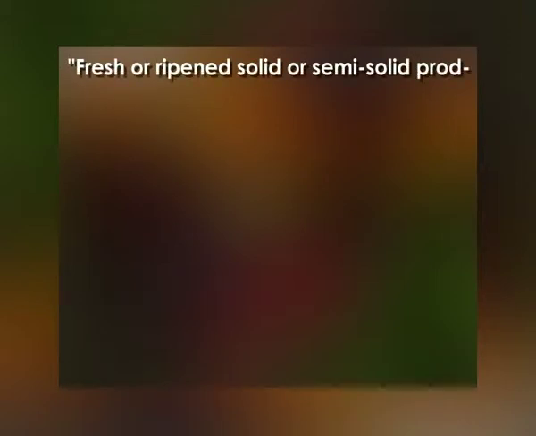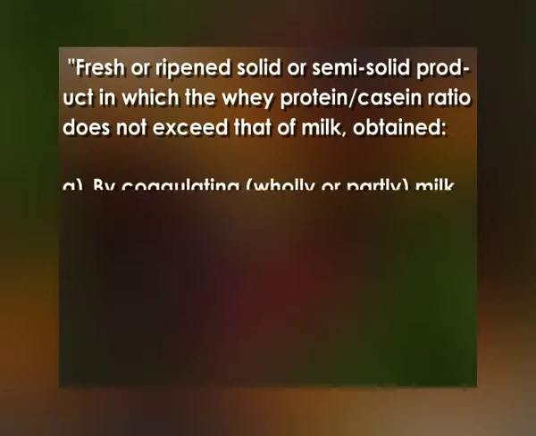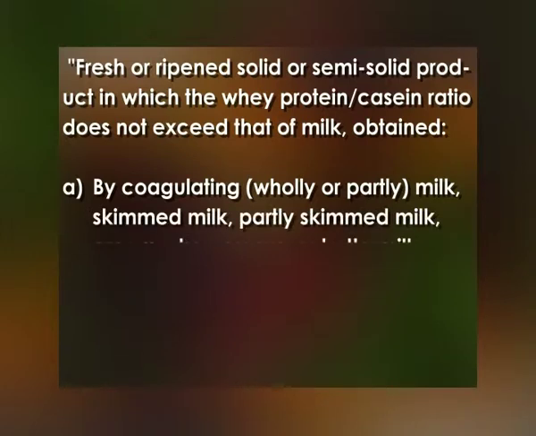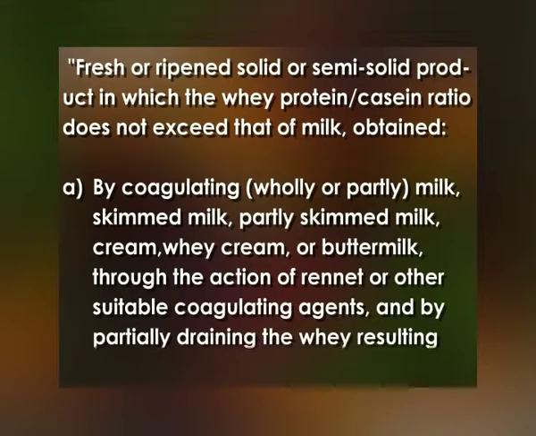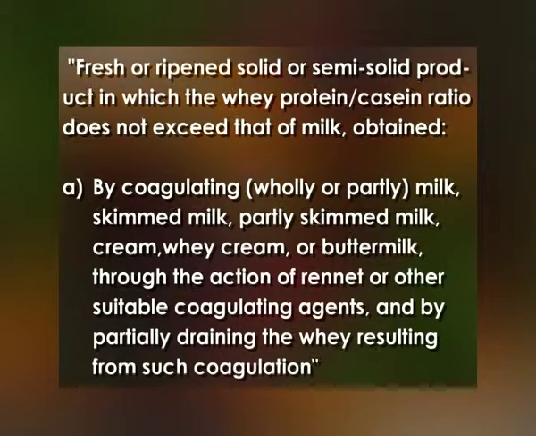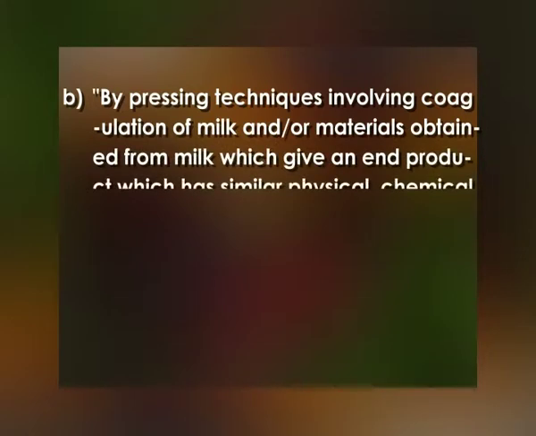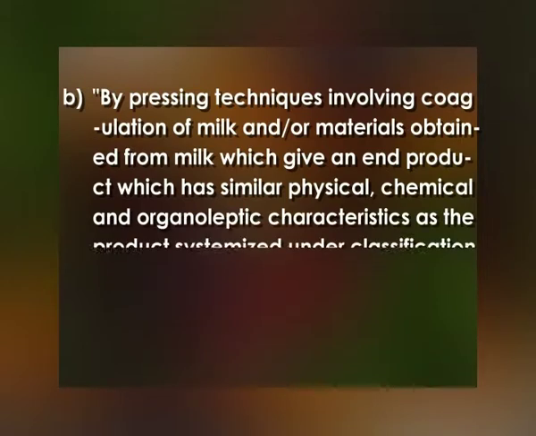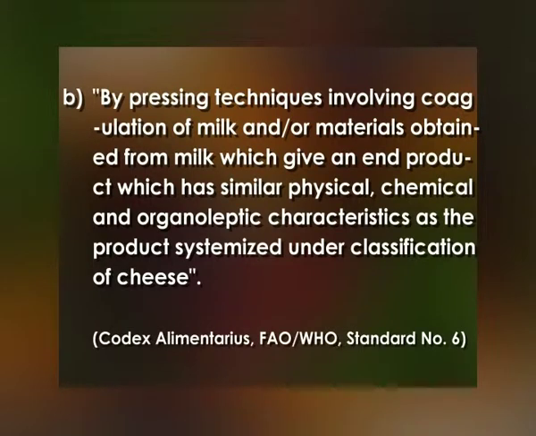Codex Alimentarius FAO WHO Standard No. 6 defines cheese as fresh or ripened solid or semi-solid product in which the whey protein-casein ratio does not exceed that of milk obtained by coagulating wholly or partly milk, skimmed milk, partly skimmed milk, cream, whey cream or buttermilk through the action of rennet or other suitable coagulating agents and by partially draining the whey resulting from such coagulation, or by pressing techniques involving coagulation of milk and or materials obtained from milk which give an end product which has similar physical, chemical and organoleptic characteristics as the products systemized under classification of cheese.